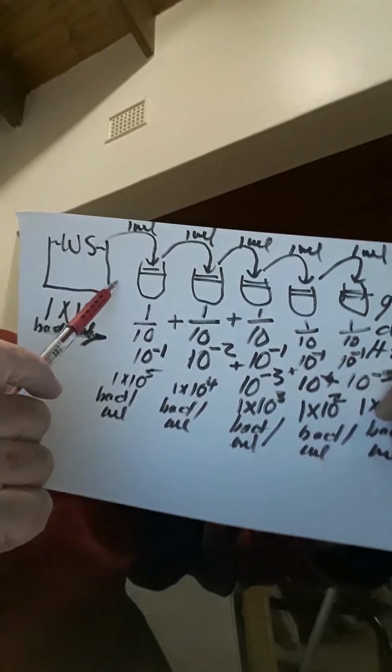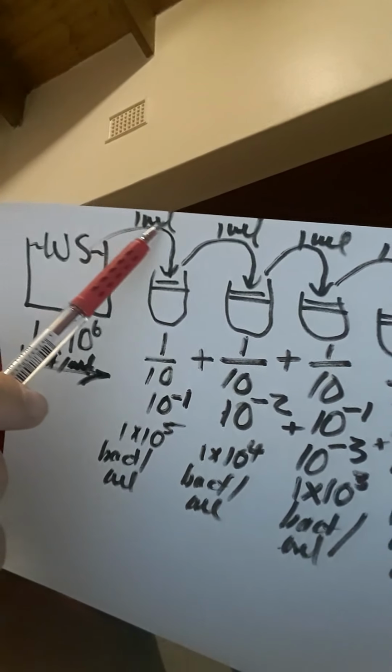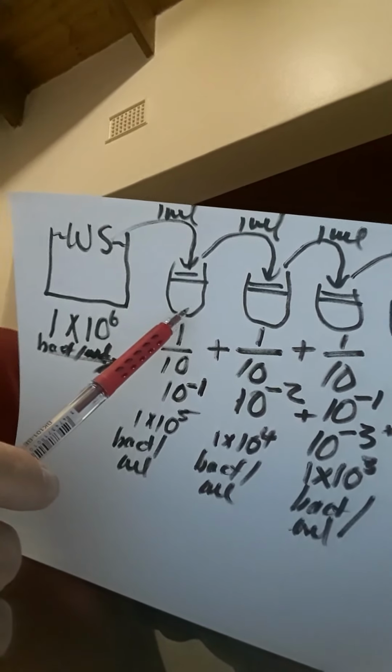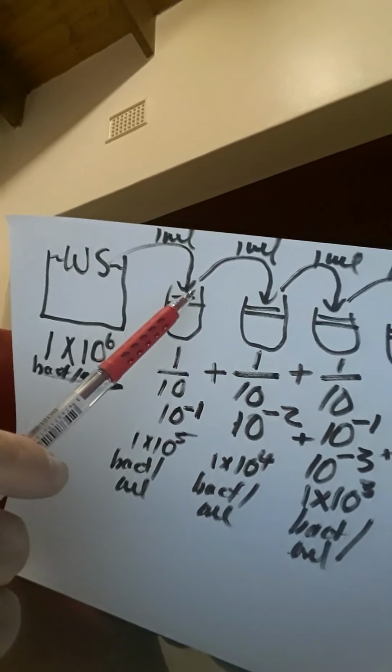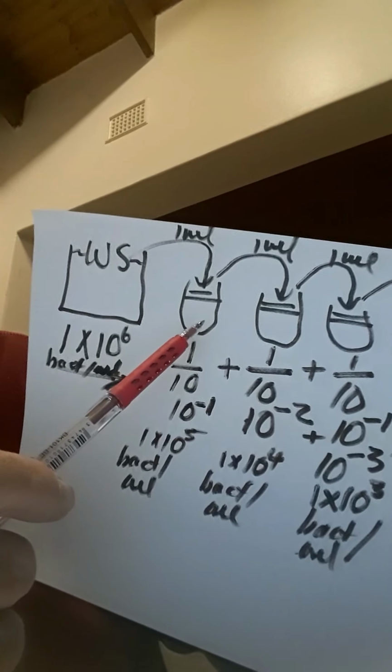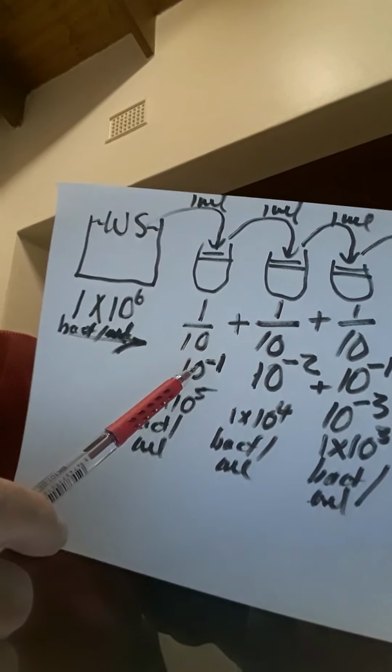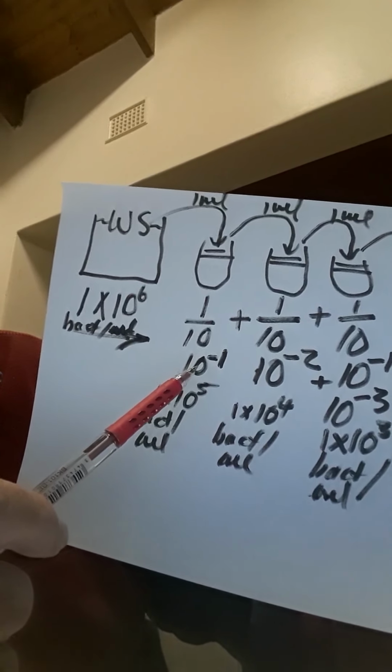How do I do these dilutions? I take 1 ml from my sample, and I add it into the first bottle. So this is 1 ml and 9 ml. It's a 1 in 10 dilution. So this is a 10 minus 1 dilution.